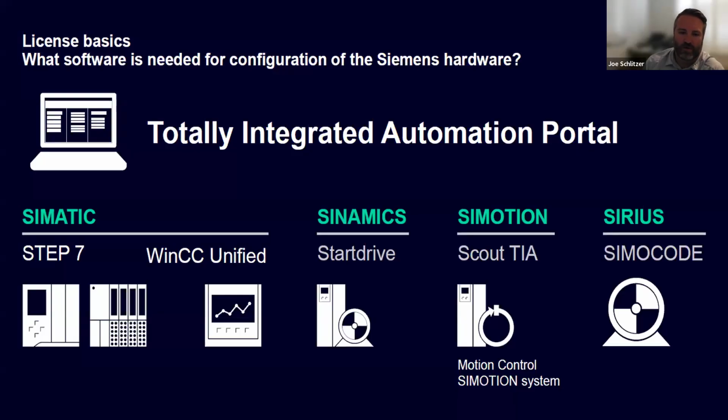So if you're not familiar with TIA Portal, TIA Portal is an all-in-one software package. It was introduced around 2010. And you can see on the screen that there's many different components that make up TIA Portal. You still have Step 7, you still have WinCC. Starter is now called Start Drive. For motion control, we have some motion.